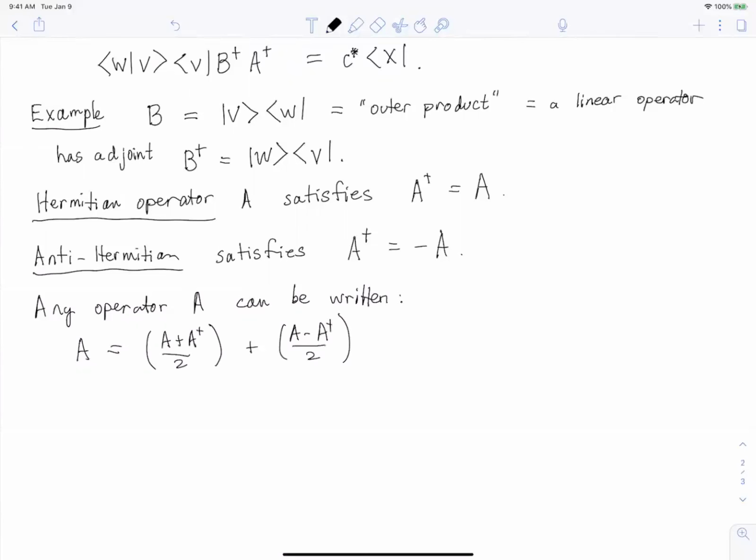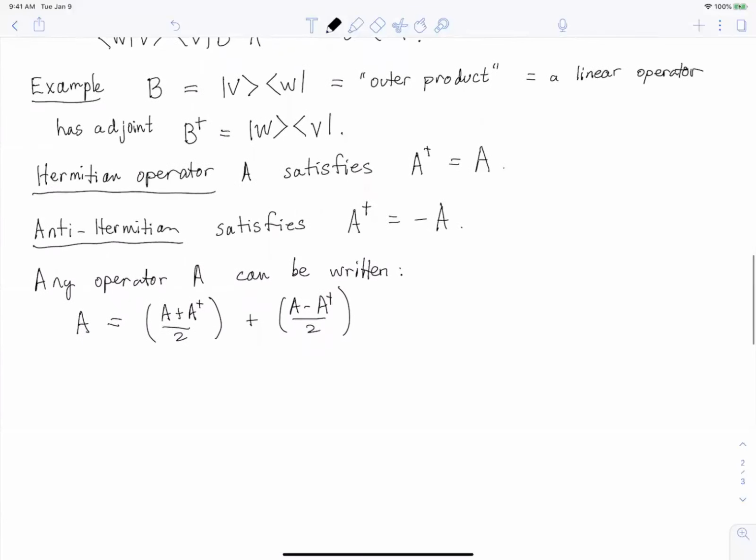I've really not done anything there. I've just divided it into two parts because if I add up the right-hand side, I get back A. But now I can recognize that the first part is Hermitian, and this right here is anti-Hermitian.